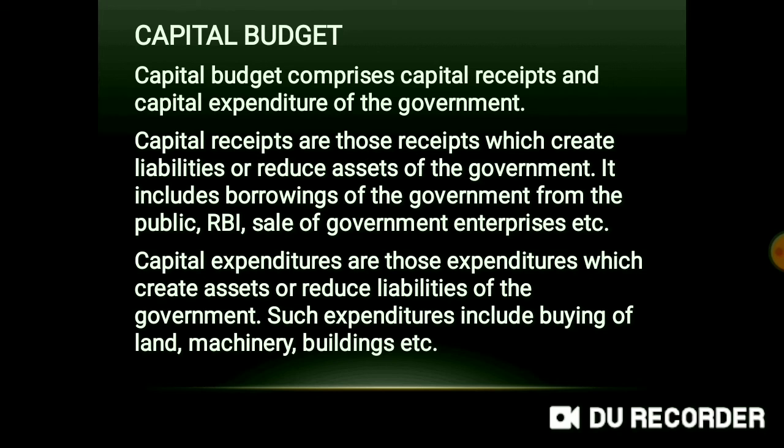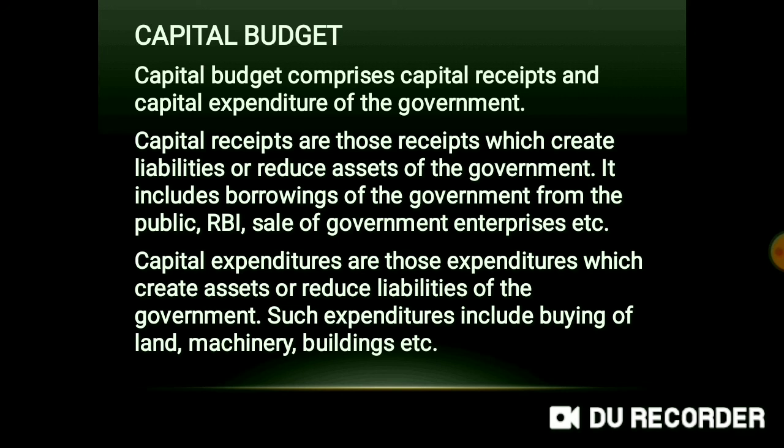Now let us understand what we mean by capital budget. Capital budget refers to that budget which comprises capital receipts and the capital expenditure of the government. Now what do we mean by capital receipts? Capital receipts are those incomes of the government which create liabilities or reduce the assets of the government.